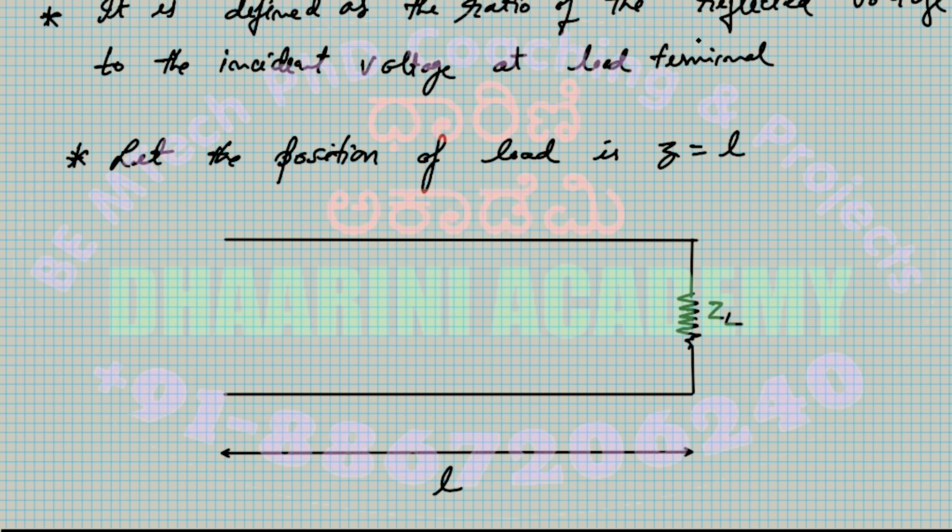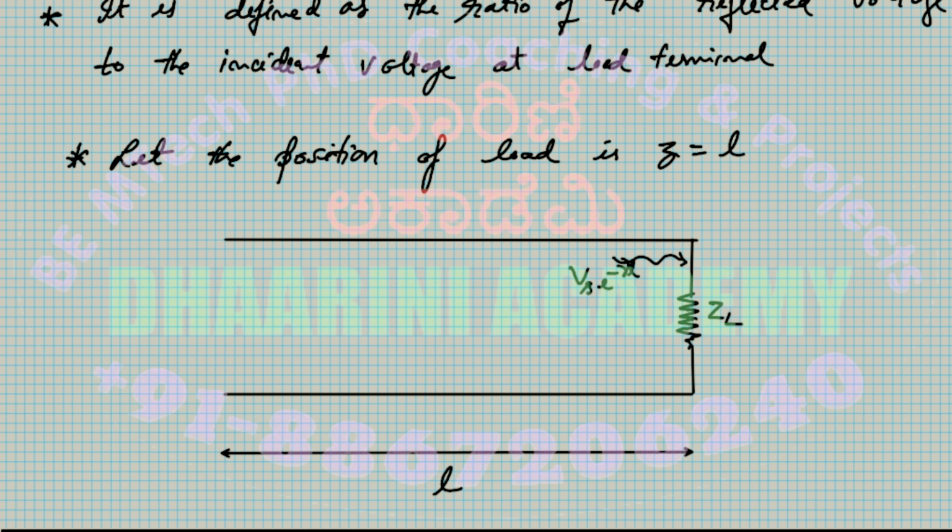At this point, I have an incident wave coming. You denote that as Vs e to the power minus gamma L. Are you okay?